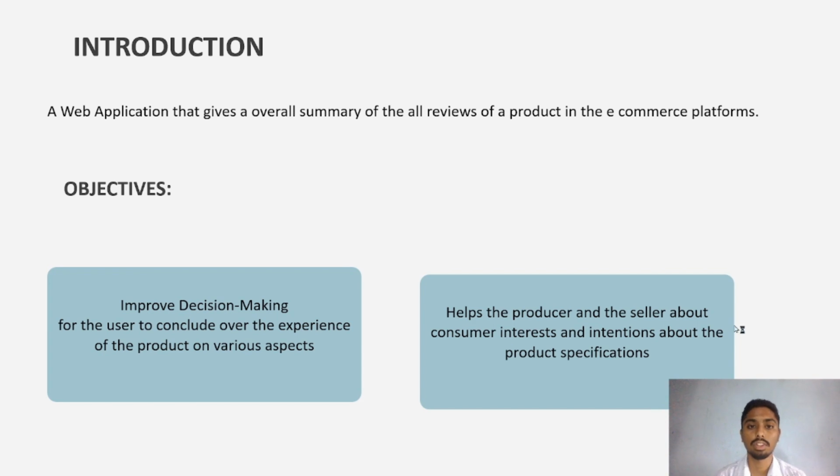In the case of the user, it helps with improved decision making, where he can conclude whether to purchase or opt out of that product based on the previous reviews, which are concisely summarized into a limited paragraph, and it also helps the producer or seller improve their product or the product quality based on the user's needs.